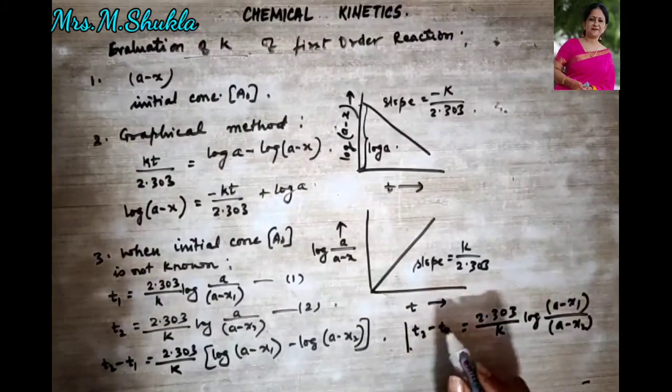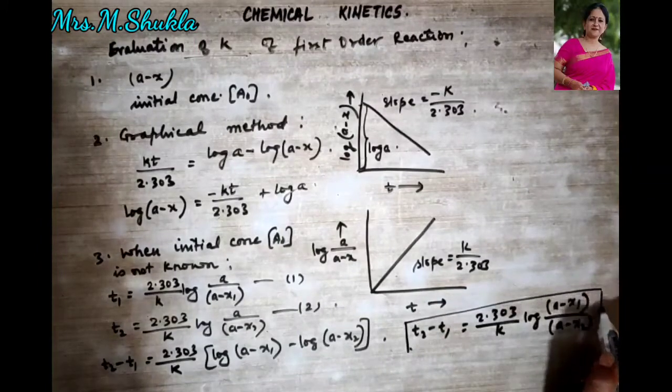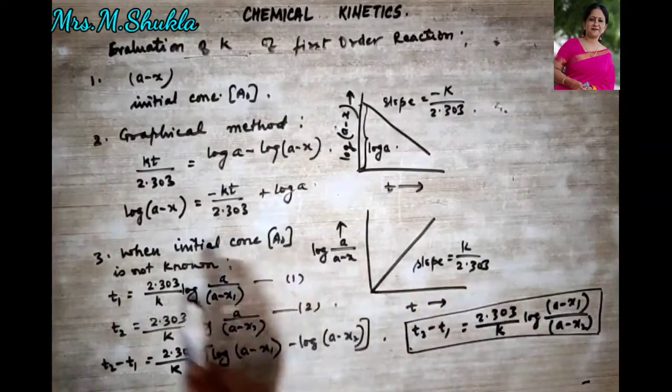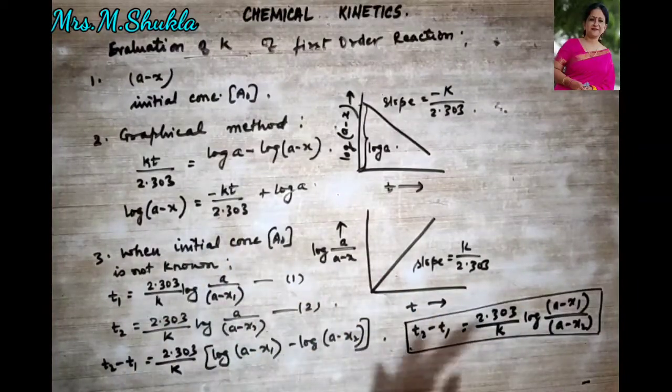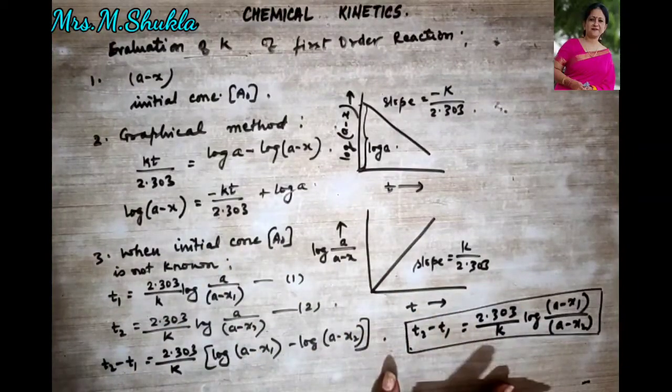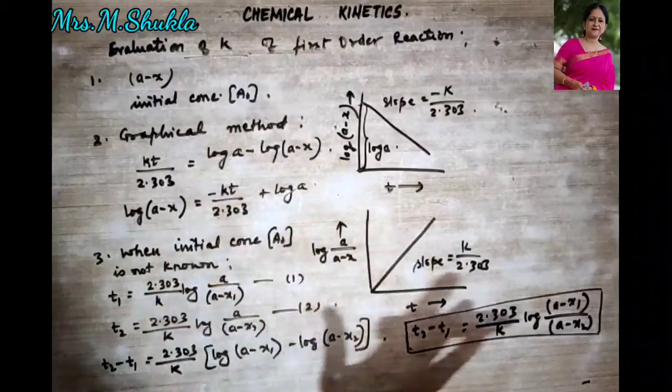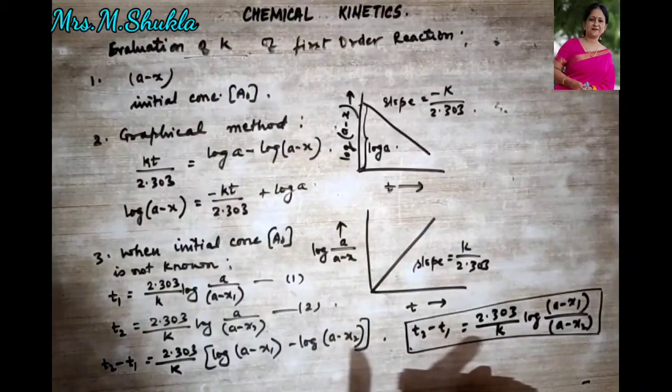So this is how we can obtain the value of K when the initial concentration of the reactant is not known to us. I hope the evaluation of rate constant is very clear for the first order reaction.